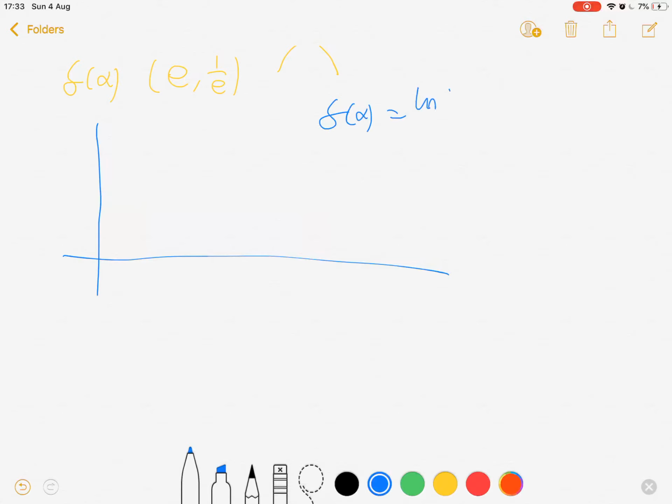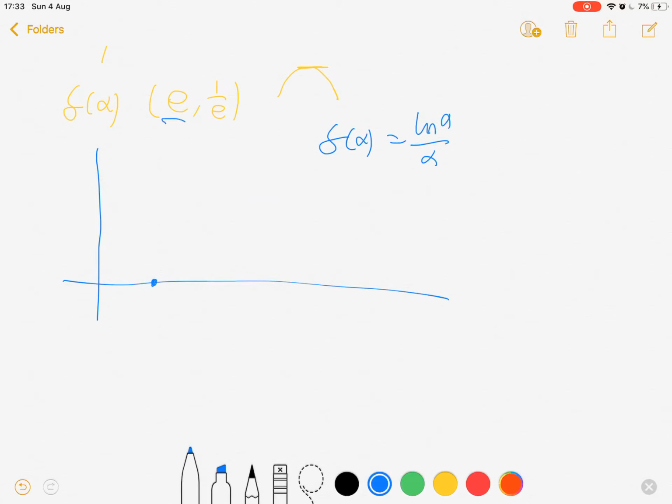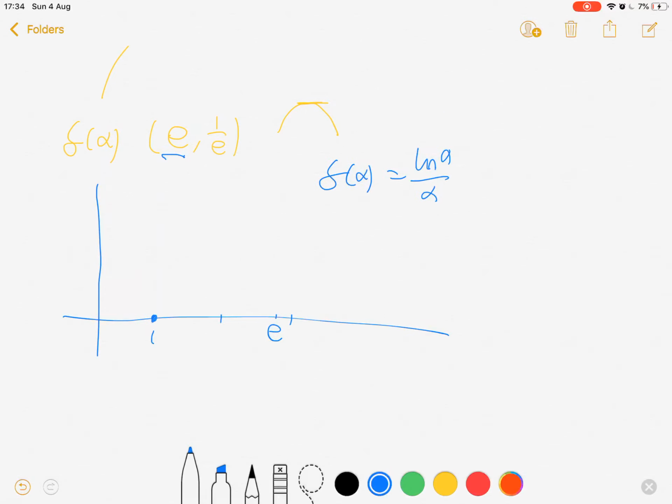It was ln alpha divided by alpha, right? If you put 1 in there, it's 0. And as you see at e, this is 2, 3, that's about e, right? At e, it reaches the maximum at its point, right? And that was 1 over e.